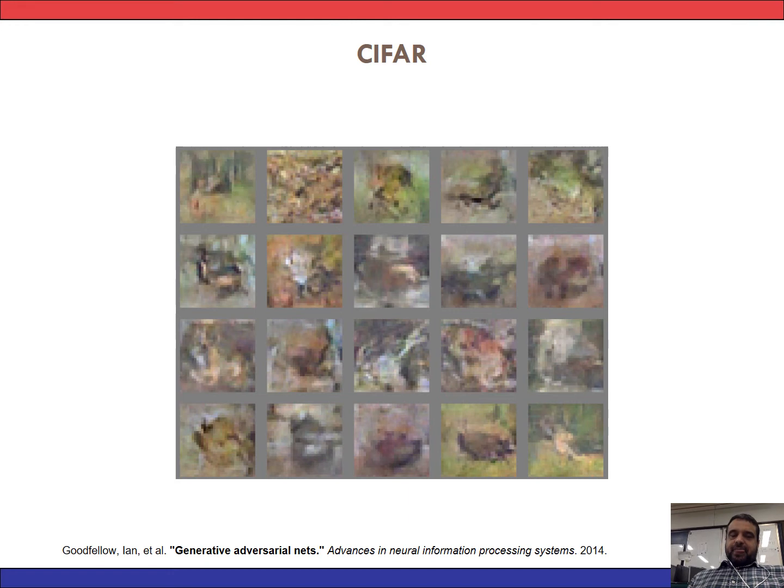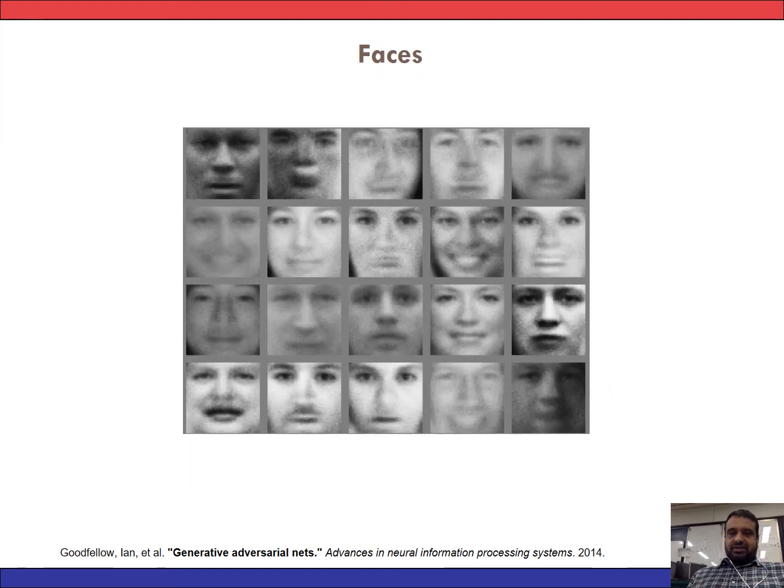However, when the vanilla GAN was used for natural images, these are the CIFAR10 dataset, which consists of real natural images of different objects, it was not able to generate good quality images. So this is a kind of limitation of the generative adversarial network.